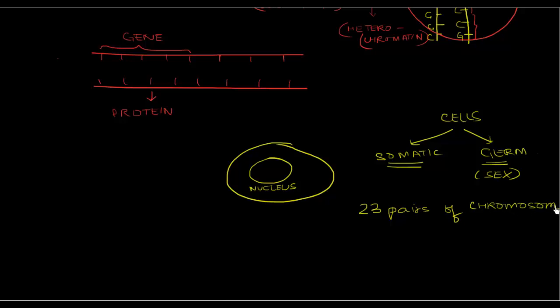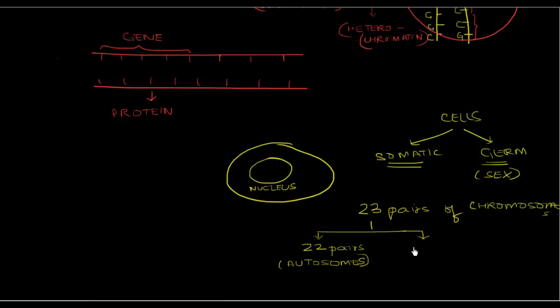Out of these 23 pairs of chromosomes, 22 pairs are referred to as autosomes, which means these are the chromosomes which are not participating in any reproduction process as such.